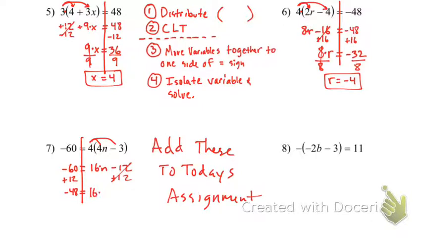And we got 16n on the right side. Now to get rid of 16, we're going to divide both sides by 16. Negative 48 divided by positive 16 gives me a negative answer, which is negative 3. And the 16s on the right cancel out, so our answer for number 7 is n equals negative 3.